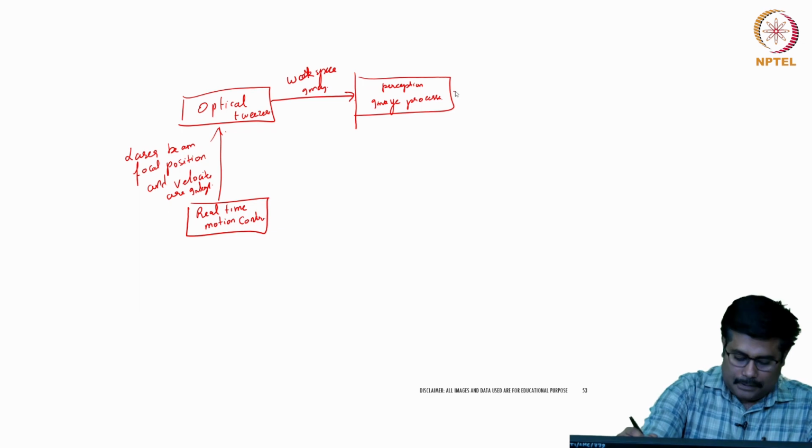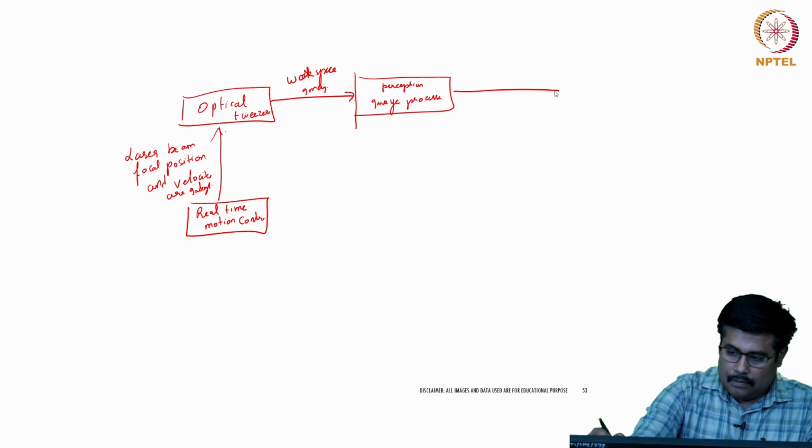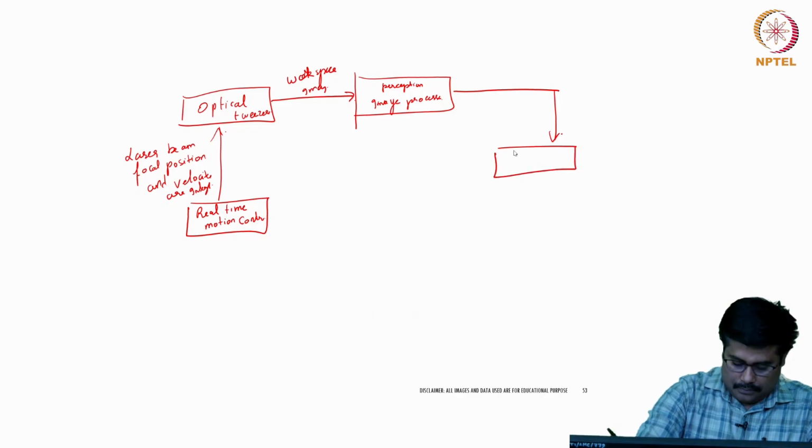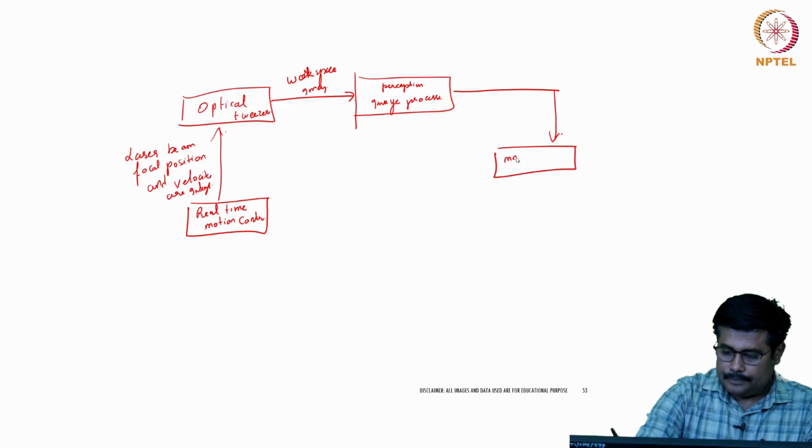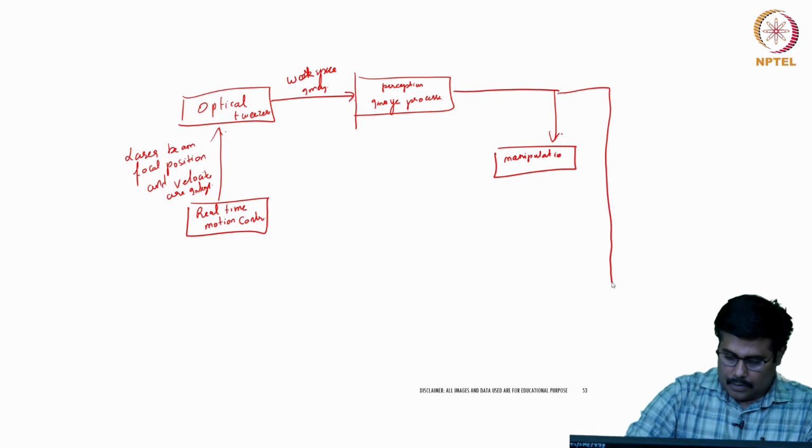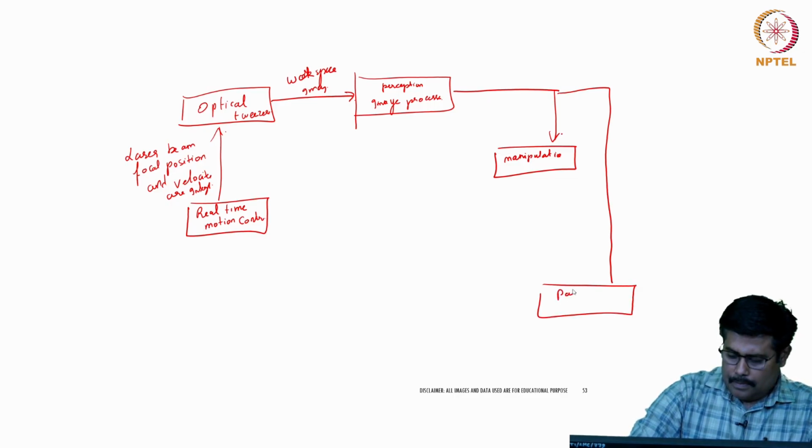From the perception, one aspect goes to the manipulation, and the other goes to the path planning.